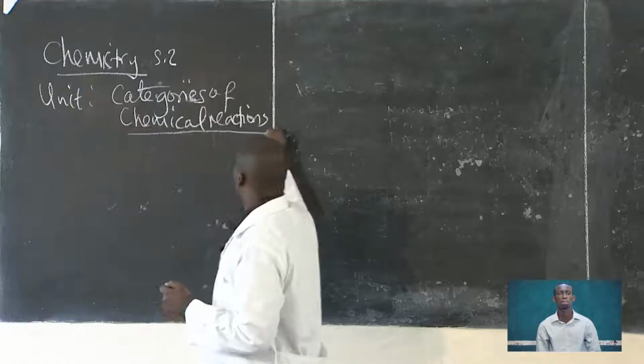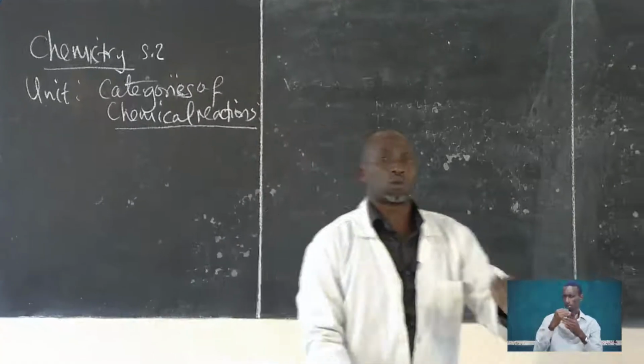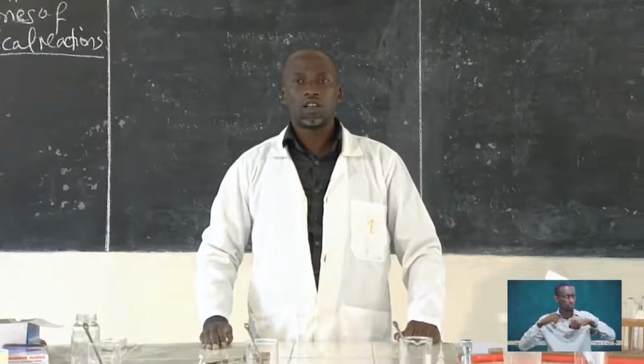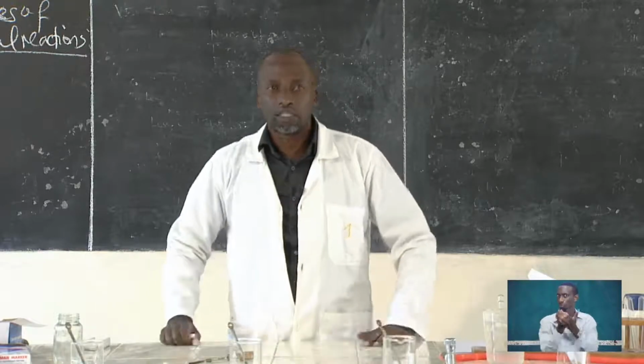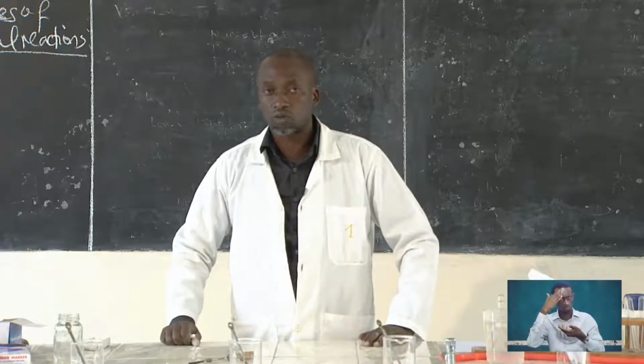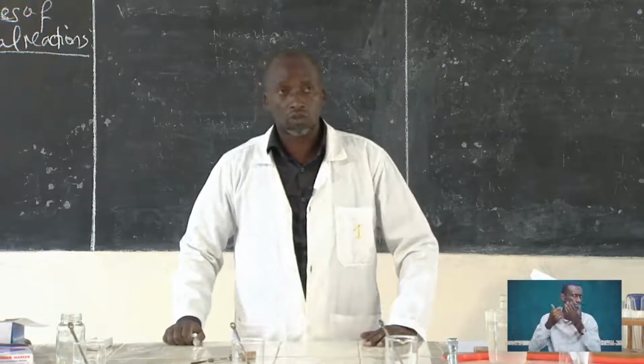And we looked at a number of reactions. For those who probably missed the lesson, I'll just briefly take you through what we looked at in the previous lesson of Senior 2, about the categories of those reactions.